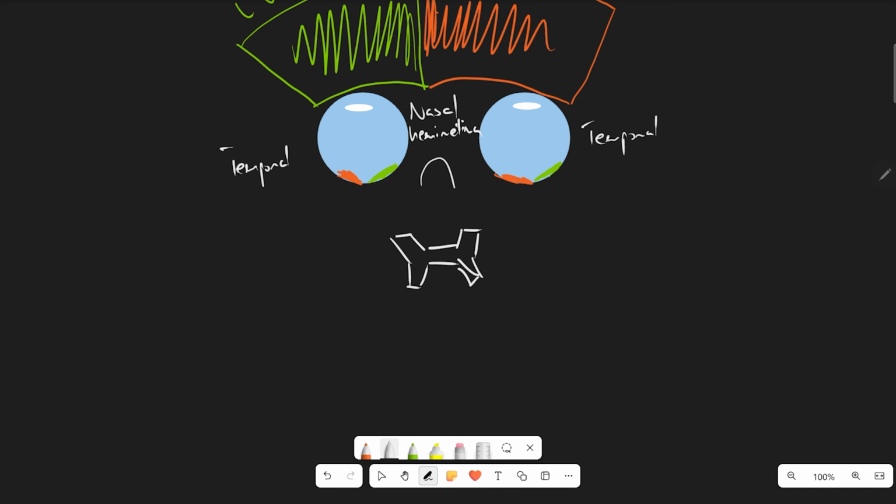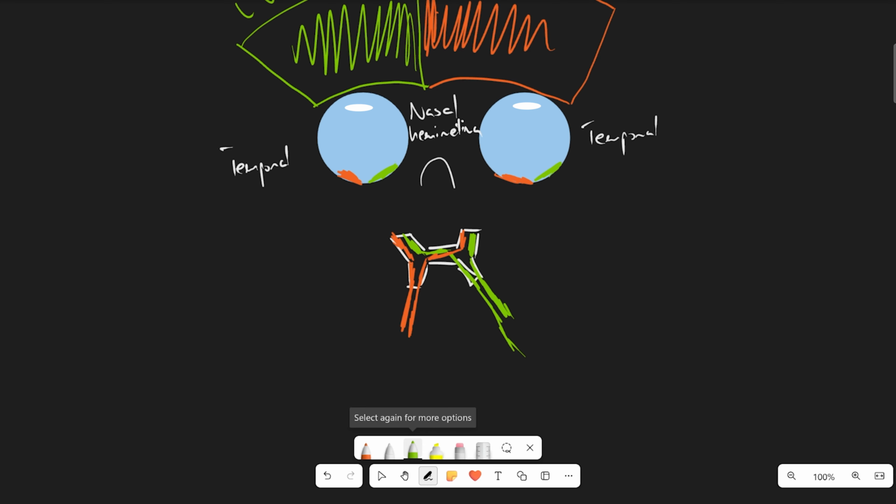Alright, and now it's quite important because the fibers from the nasal hemiretina cross the optic chiasm, and the fibers from the temporal hemiretina do not cross it. And that's the rule. So we can say that the right eye, so the temporal hemiretina, stays on the right, and the left eye, so nasal hemiretina, crosses.